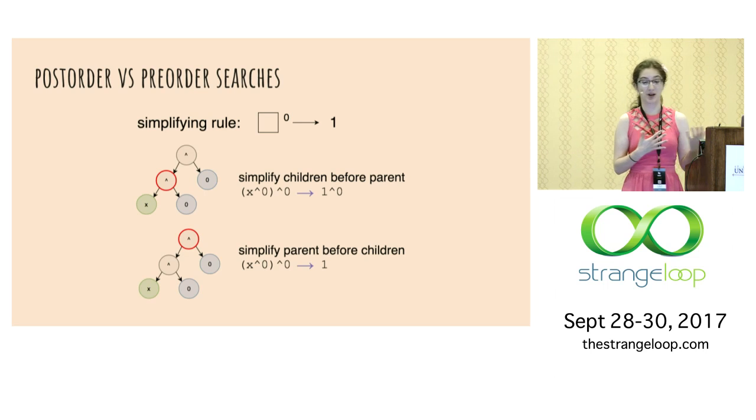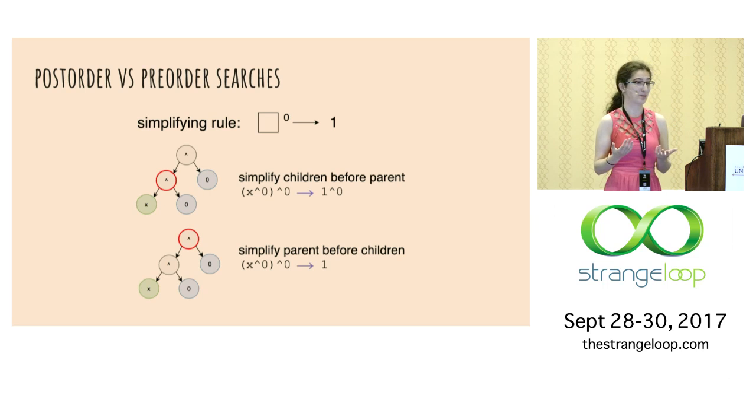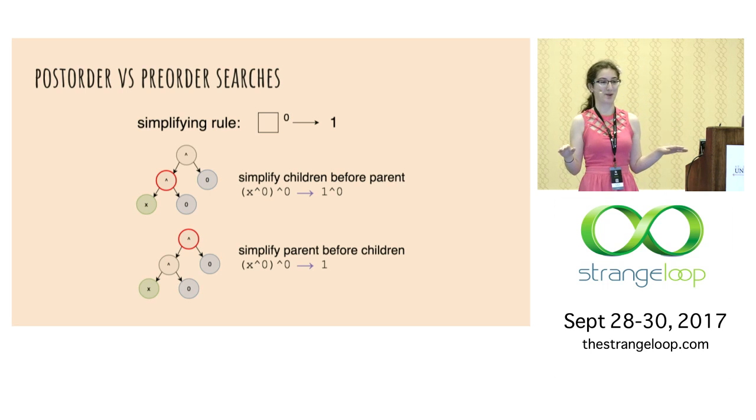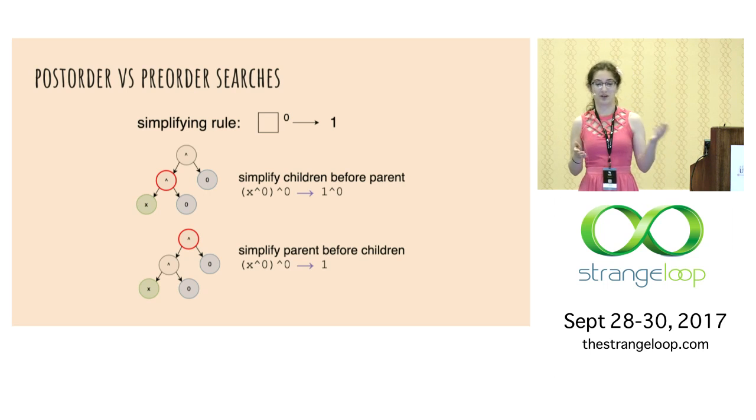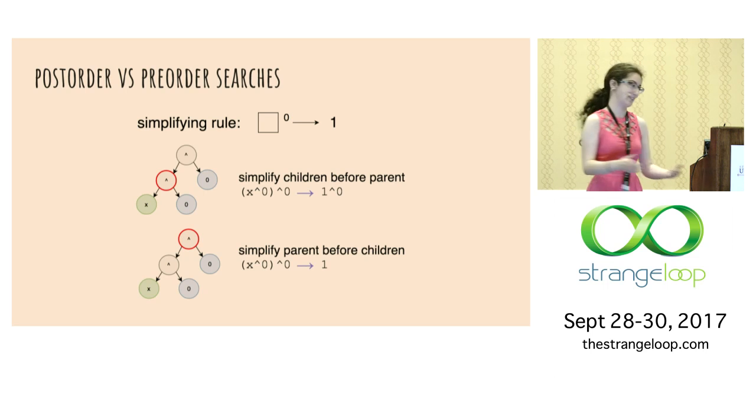But some searches are better as post-order searches. For example, adding numbers together is only going to match at the bottom of the tree, so it may as well look at the bottom of the tree first. And that is more efficient. So some post-order, some pre-order, sometimes for algorithmic efficiency, but mostly for optimizing learning in this case.